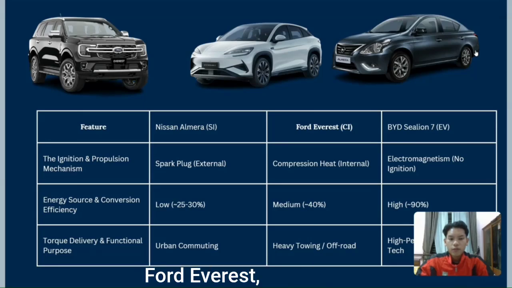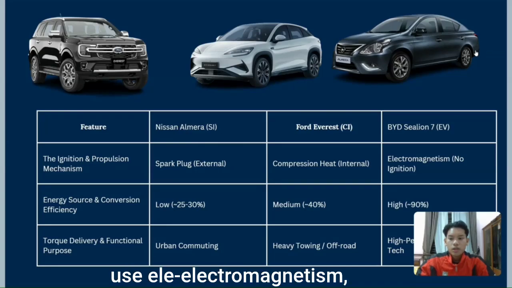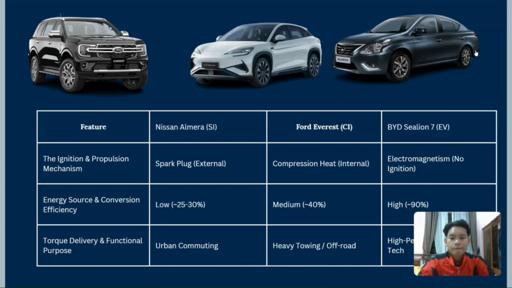For the Ford Everest, it uses compression heat, so the fuel ignites from the high pressure inside the engine. For the BYD Ceylon 7, it uses electromagnetism, so there is no ignition or combustion at all.